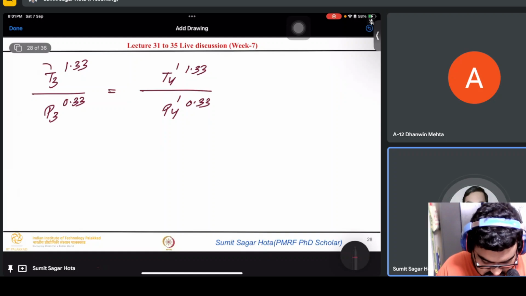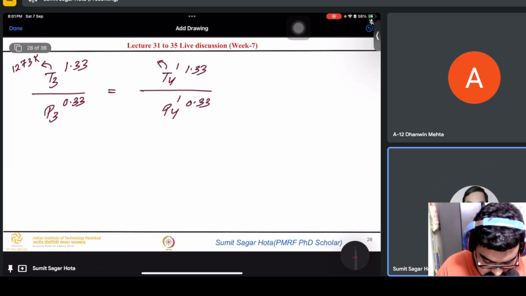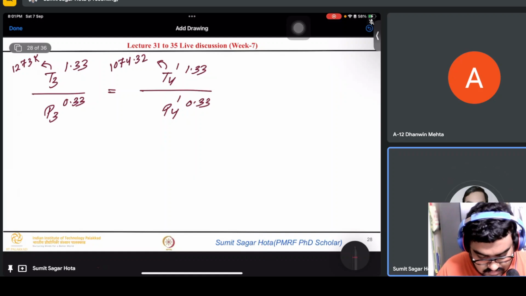So your T3 is 1273 Kelvin and T4 dash is 1074.32 Kelvin.